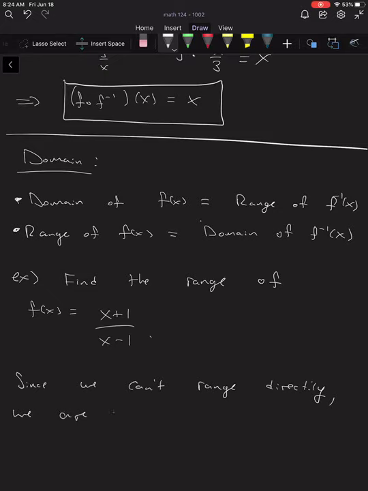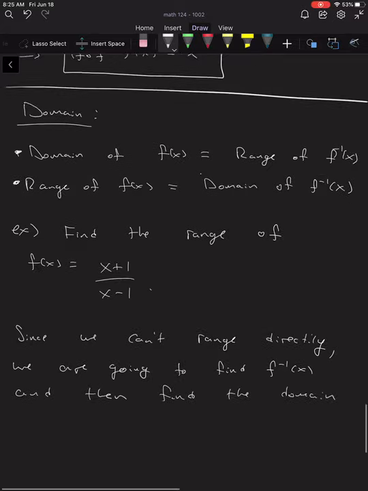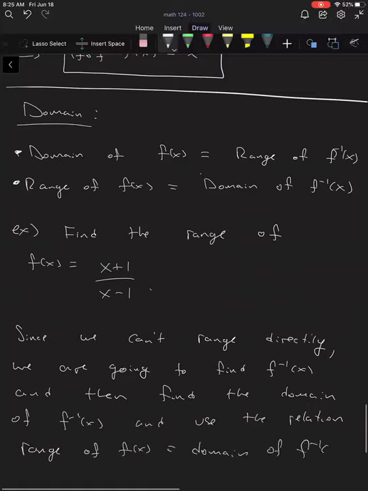We are going to find f inverse of x and then find the domain of f inverse of x, and use the relation that the range of f of x is the domain of f inverse of x.